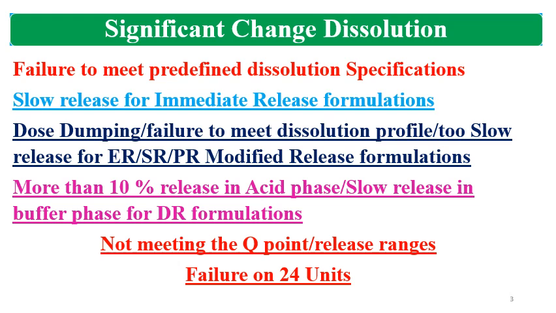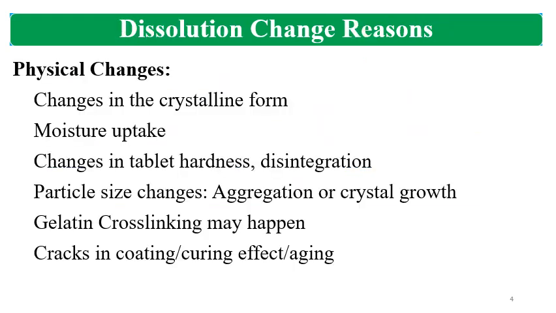But if the dissolution is still failing after the S3 stage or L3 stage, then there is a significant change and there is a dissolution failure. So if you perform the dissolution on 24 units at the third stage and if it is failing, then you can say that dissolution is failing and there is a significant change in the dissolution.